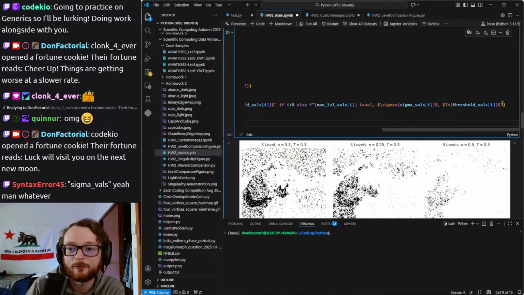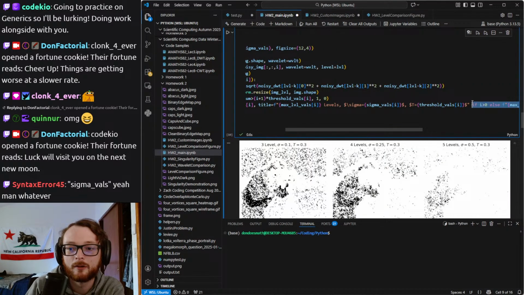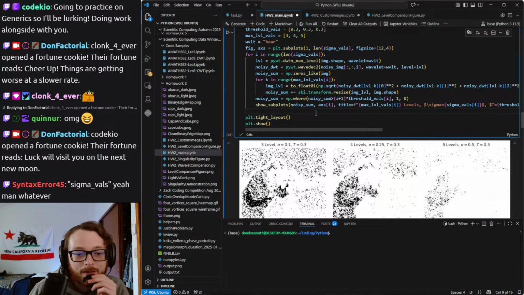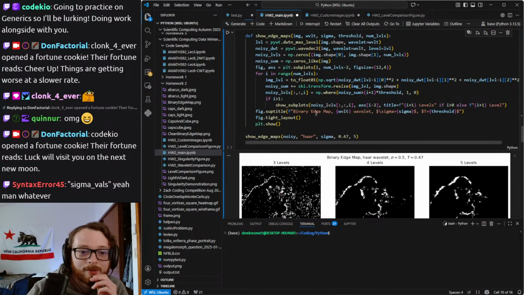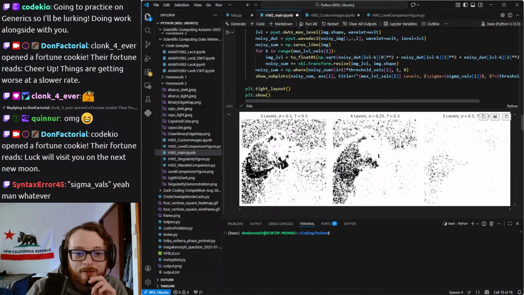Oh wait, I don't need this part at all anymore. Well, why does this suck? How do I make it not suck?